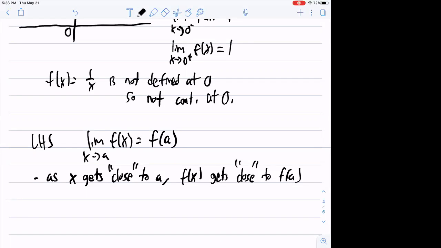So x getting close to A, the parameter will be given by delta, and f of x getting close to f of A, we have a parameter epsilon.